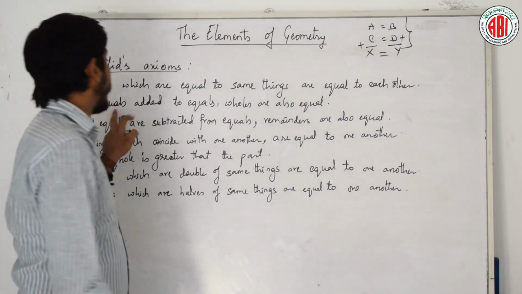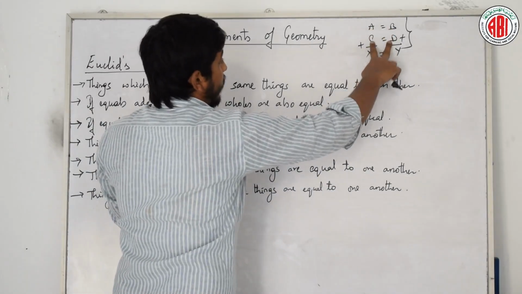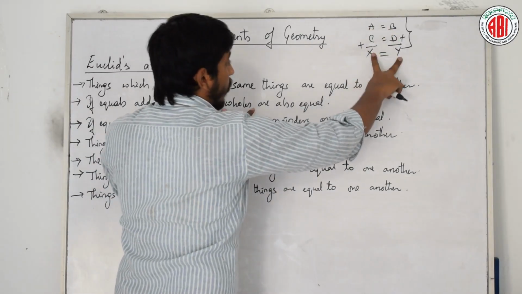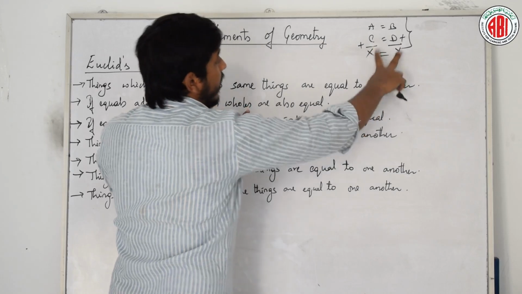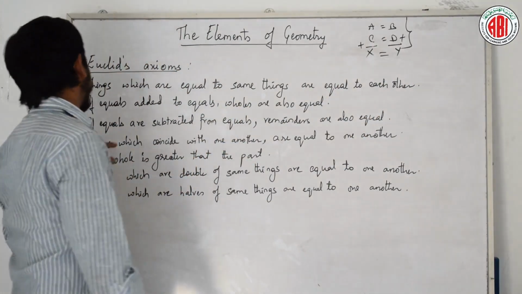Because equals are added to equals, so the whole, or the sum, is also equal. Clear? Fine.